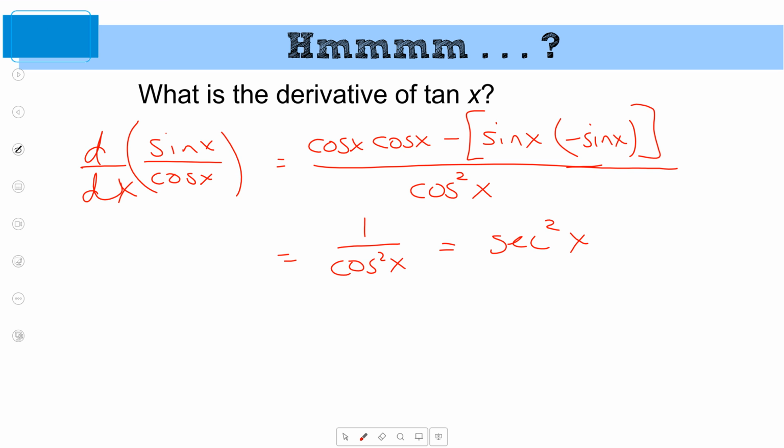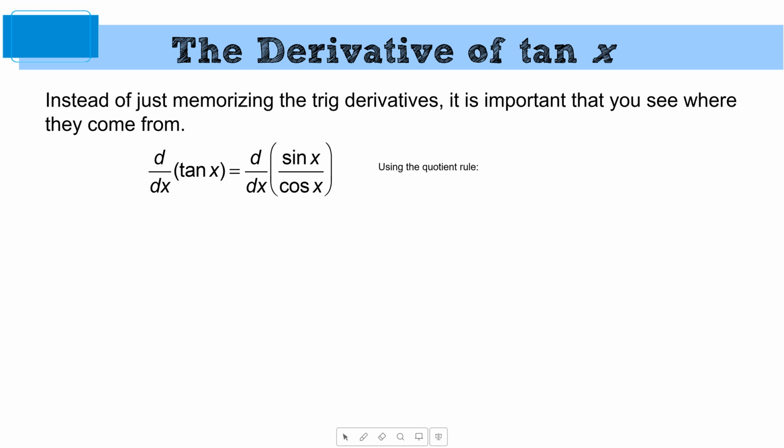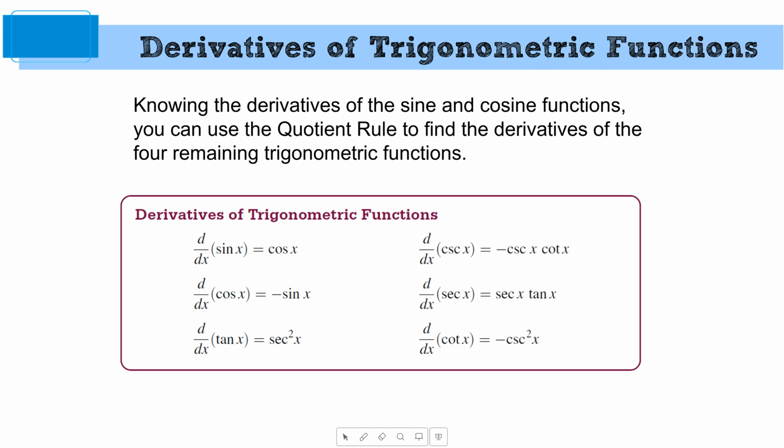And we could do that with cotangent, and we can do that with secant, and we can do that with cosecant, or we could just do this and get to a chart. Okay, notice the co-functions, cosine, cosecant, and cotangent have minus signs on them.